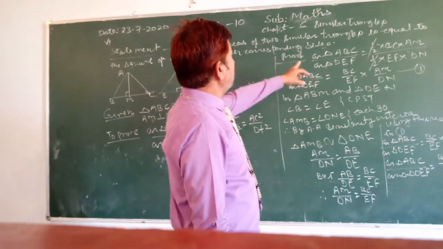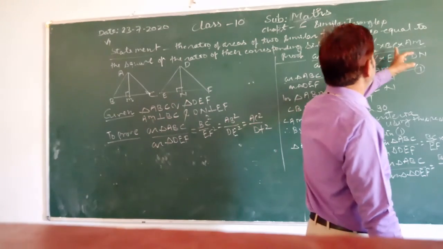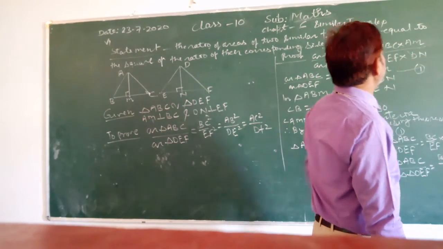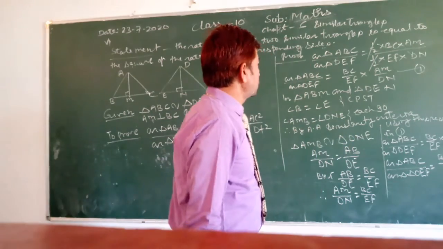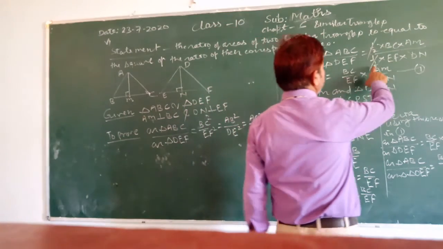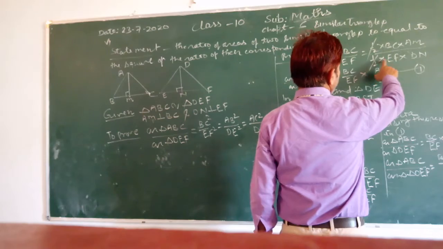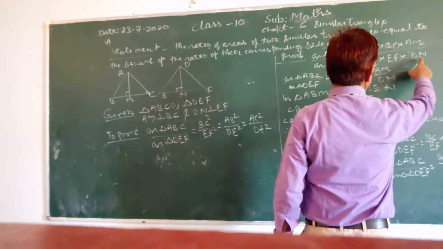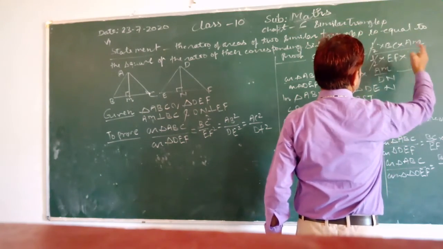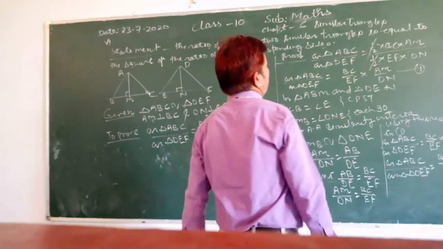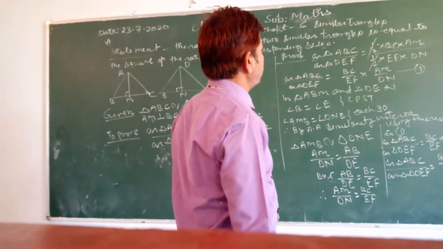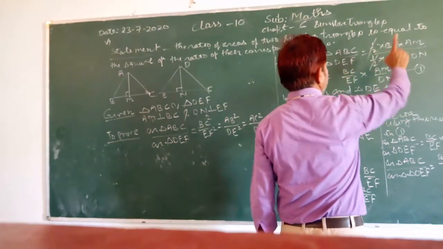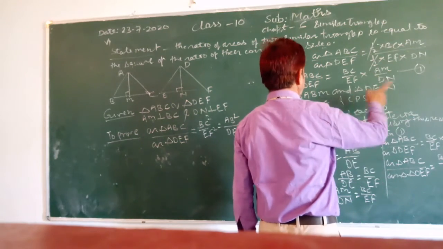Now, area of triangle ABC is given by 1 upon 2 base BC into altitude AM, and area of triangle DEF is given by 1 by 2 into base EF into DN. On simplification, 1 by 2 are cancelled from numerator and denominator.